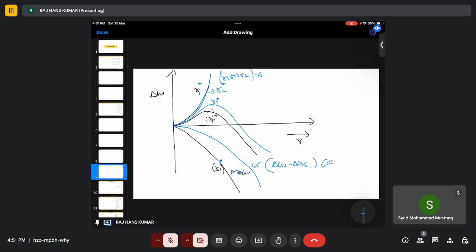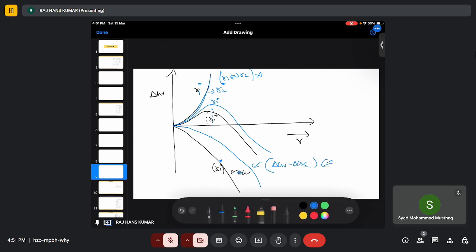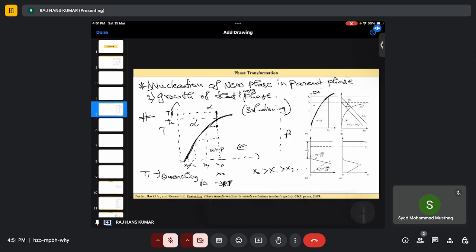Because of this strain energy, there is an increase in the total barrier. So that is this gap, the delta GV minus delta GS. Actually, this line should follow like this, but because of the change, this is the line it should follow.